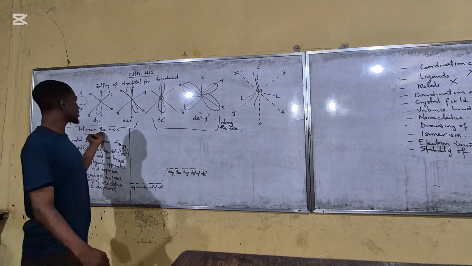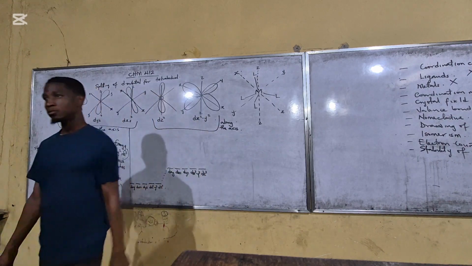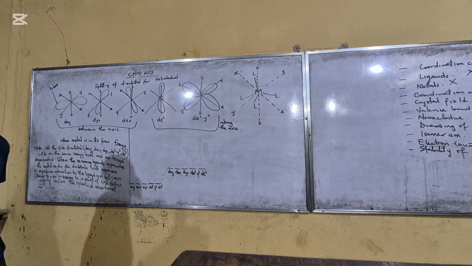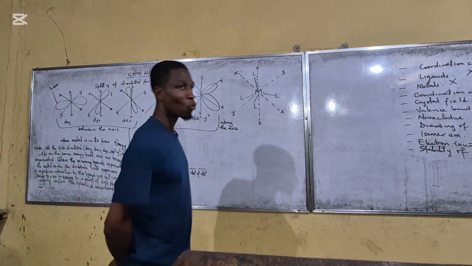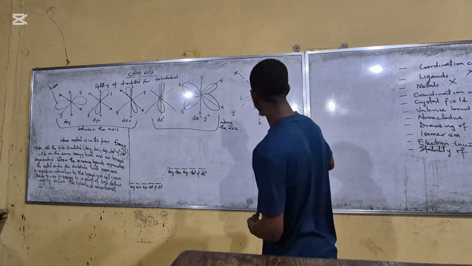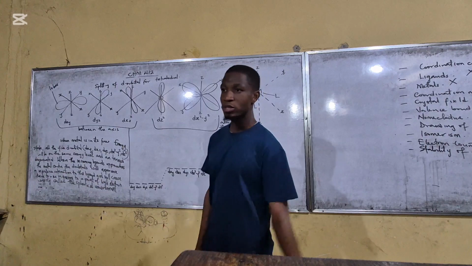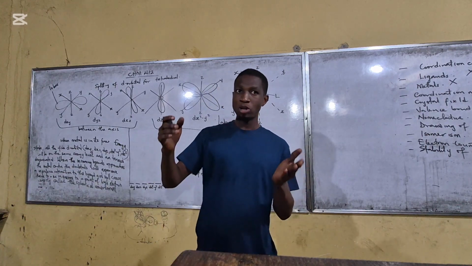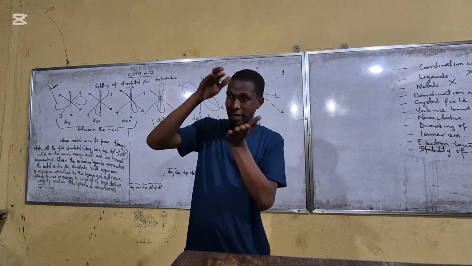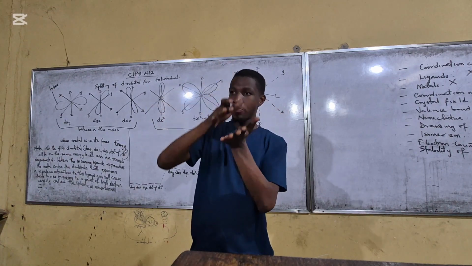Is it the one that is between the axis that will experience a greater repulsion, or the one that is along the axis? Why? The one between the axis will experience a greater repulsion because the ligands are also between the axis. It's more like you are putting a lobe of electron in the same place that the ligand is. Ligand has electron. That one too has electron. So they will repel more.